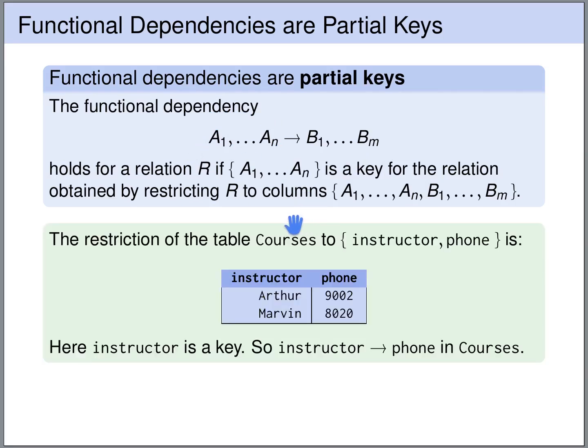For instance, if we take the table courses that we've seen before, and we restrict this to the instructor and the phone attribute, then we obtain this table, and in this restricted table, the instructor is a key. The instructor uniquely determines the row of this table. So in the original table courses, we have a functional dependency, instructor uniquely determines phone.